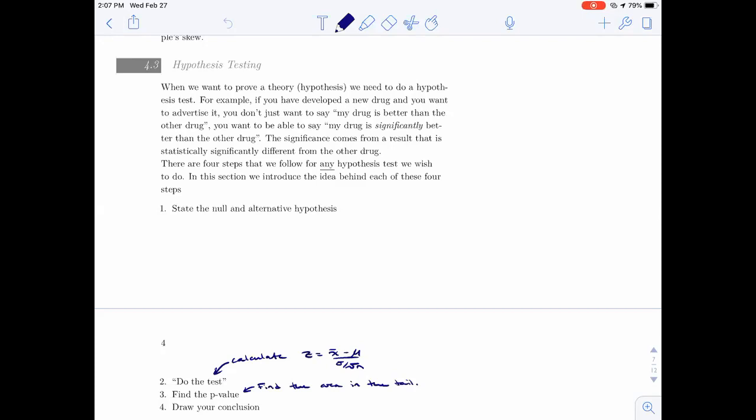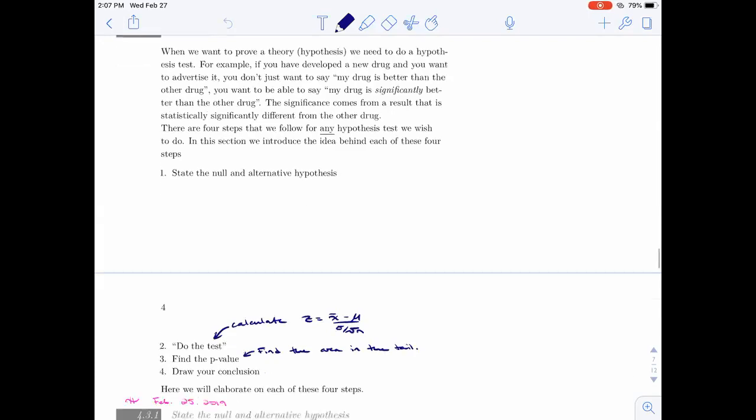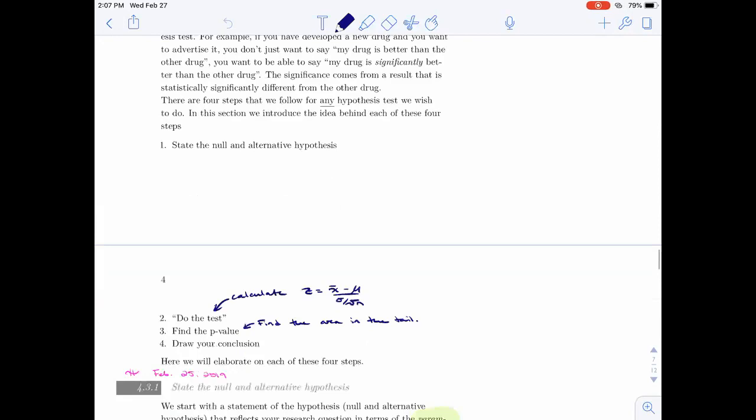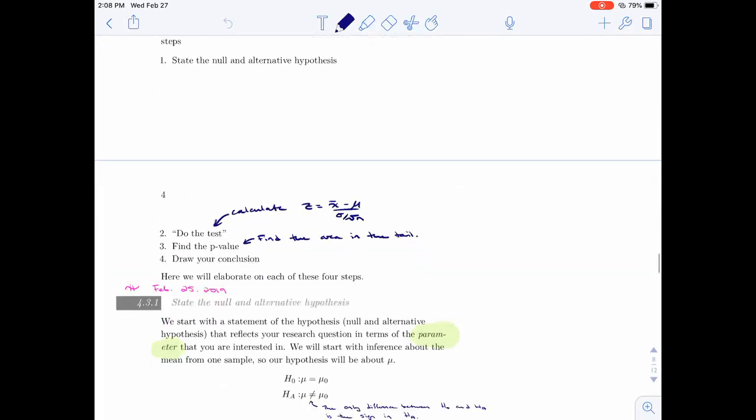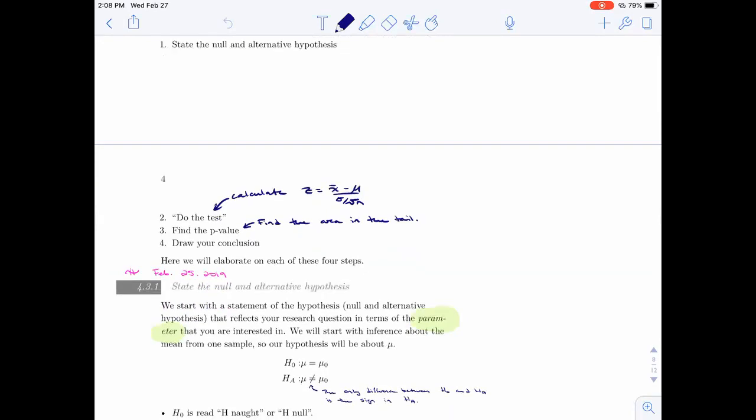Step 3, we find the p-value. The p-value is essentially just the area in the tail. We did an example, and I showed you that you actually know how to do the test and find the p-value already. We just haven't called them that.